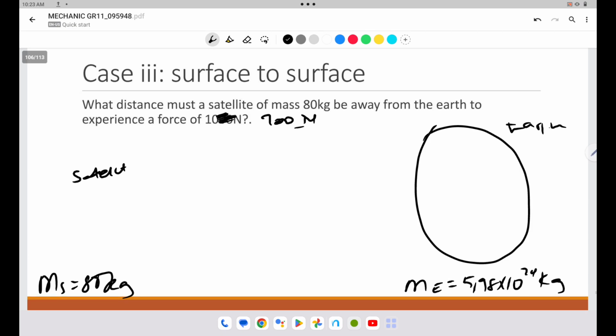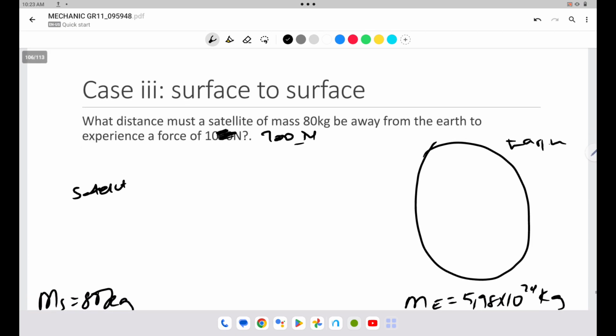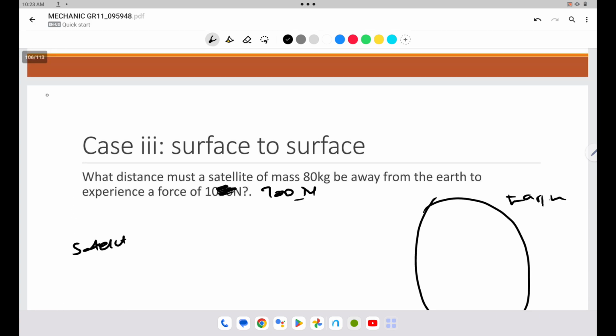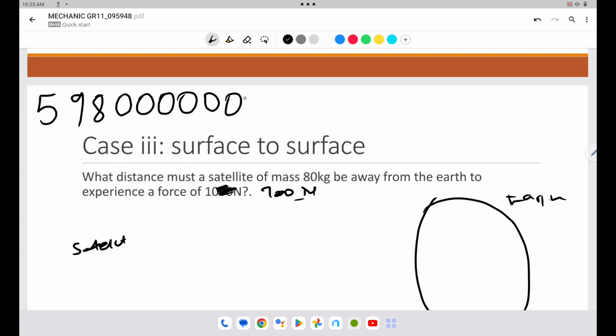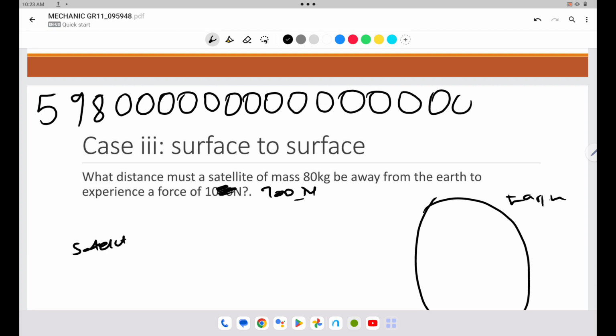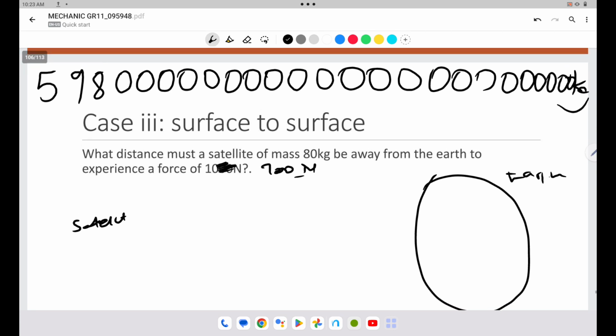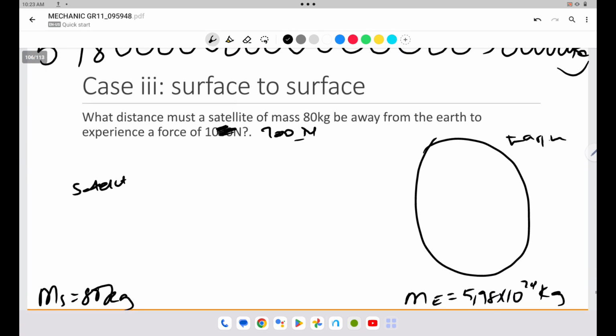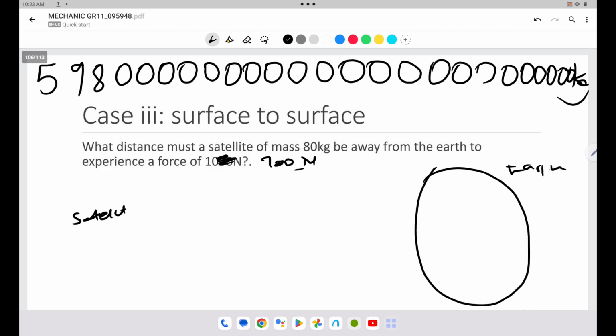So if you compare the satellite and the Earth, I want to write the mass of the Earth in standard notation. That will be 5.98 followed by 22 digits, times 10 to the power 24 kilogram. That will be the mass of the Earth. So look at how large the mass of Earth is in comparison to the mass of the satellite.